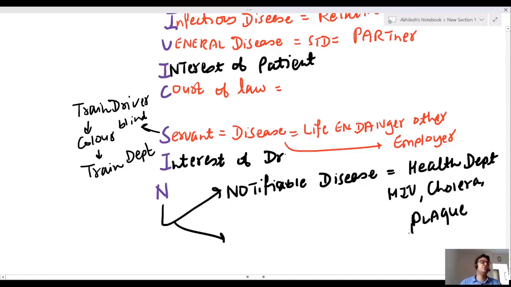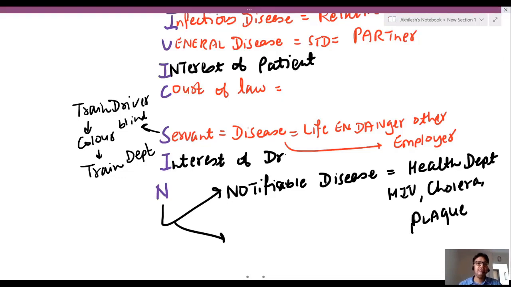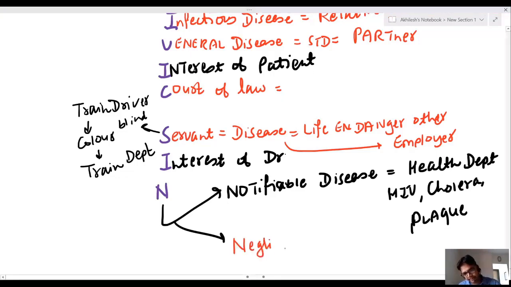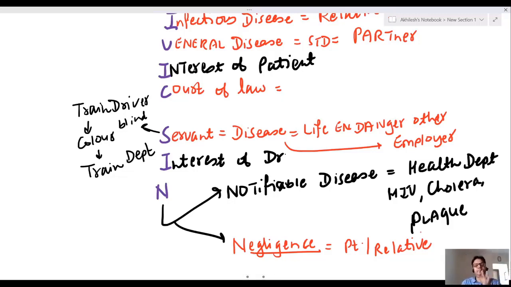And for negligence cases, my dear friend, any negligence case, any damage to the patient because of negligence, should be informed to the patient or relative.